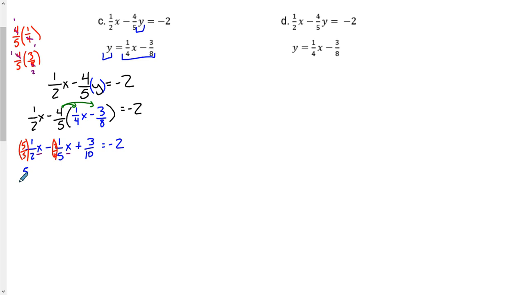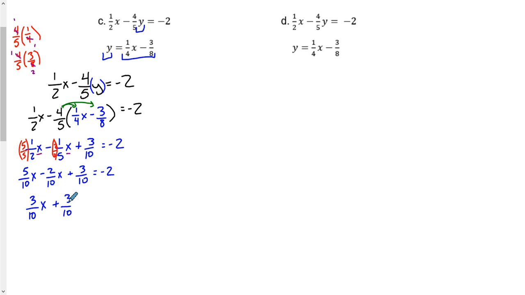But no matter what, we have a 5/10 x subtracting a 2/10 x. After that, I can keep on going. 5/10 subtracting 2/10 is 3/10 x. Please don't forget that they are x terms, which means that we do need to keep our x there.